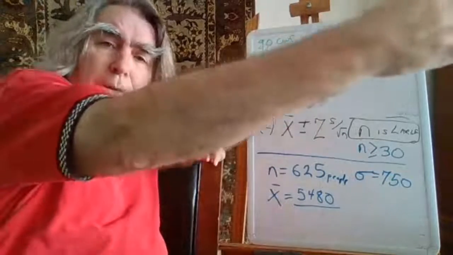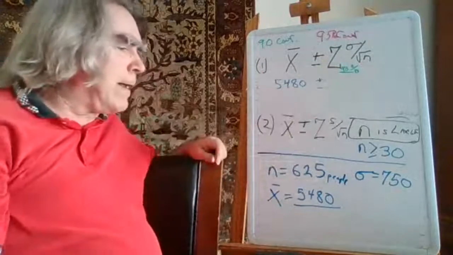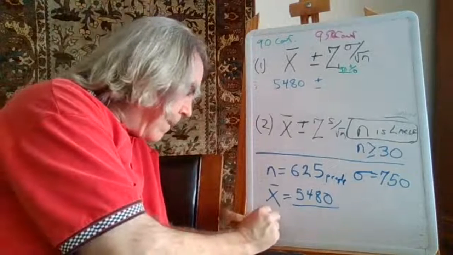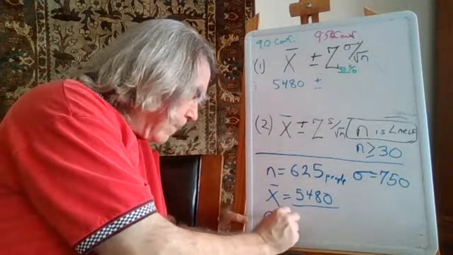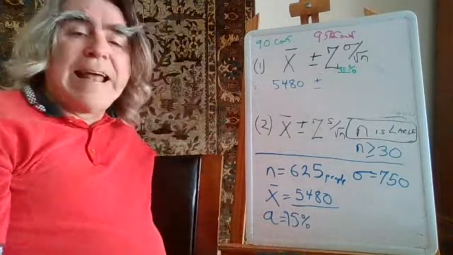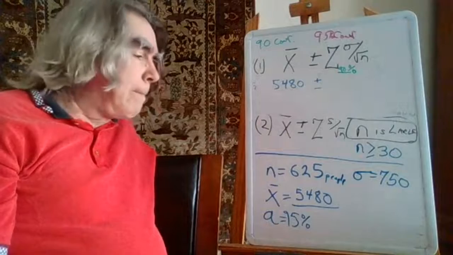So plus will go on the right side, minus I'm going to subtract off this amount of padding. Well, let's say I want to have alpha equals 95%. So I want to do a 95% confidence interval. Okay?